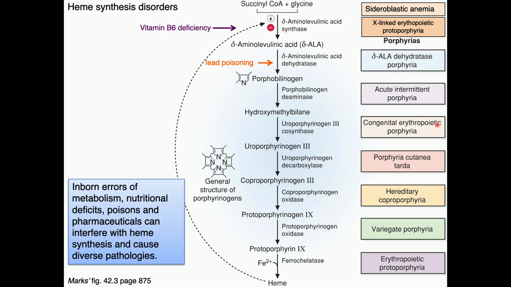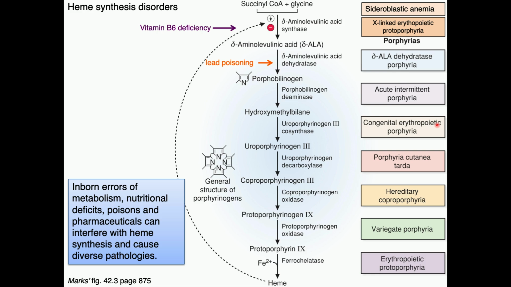So ALA dehydratase is one of the targets of lead, and anemia from lead poisoning is due to this inhibition of ALA dehydratase and ultimately heme synthesis. So there's a couple of kind of nutritional and exposure issues with heme synthesis.